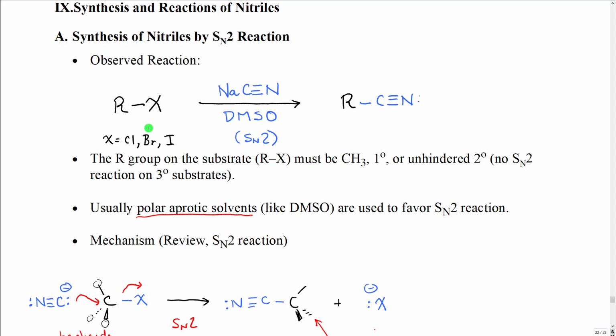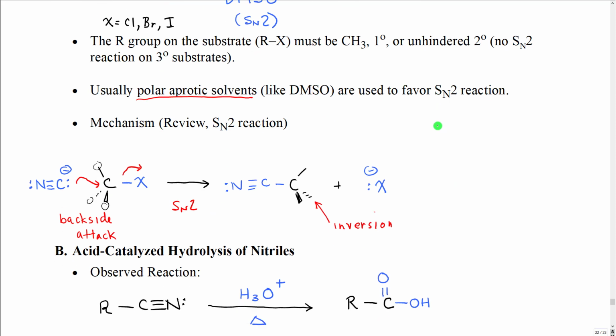Because this is an SN2 reaction, we need to use an unhindered carbon group in our substrate, and so this is limited to methyl groups and primaries, and in theory unhindered secondaries, although in practice cyanide is a pretty strong base, and so it's very hard to get unhindered secondaries to go. We normally get mostly elimination.